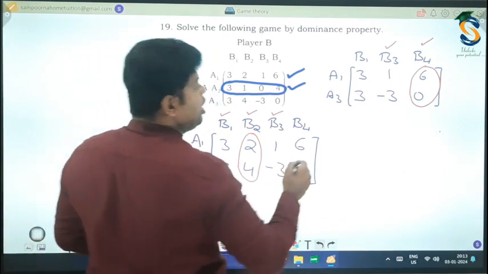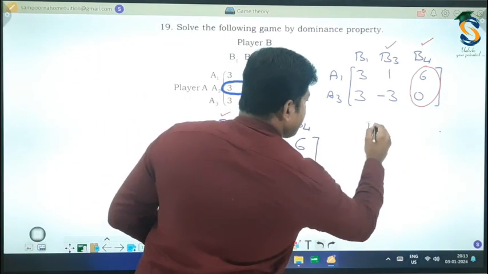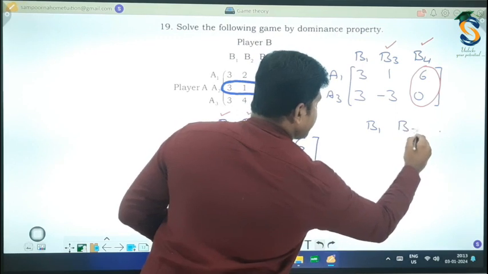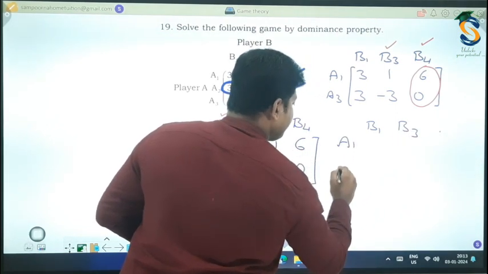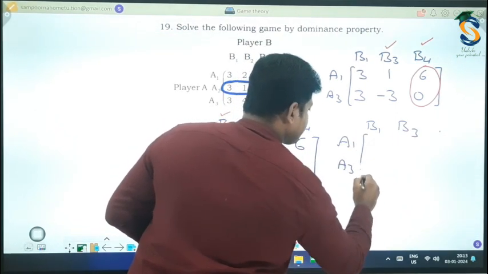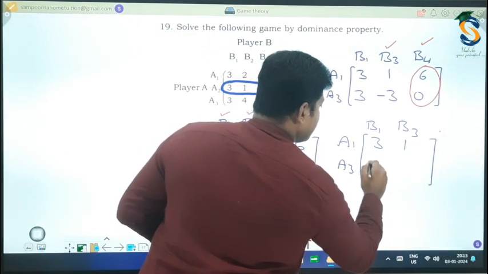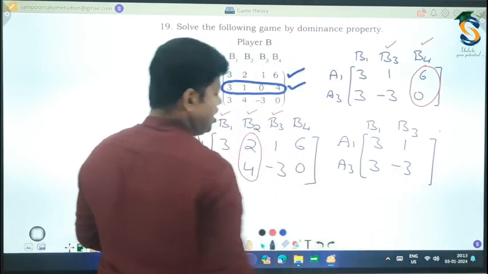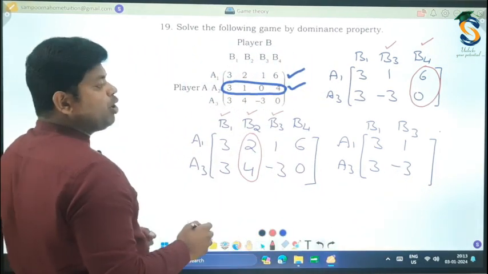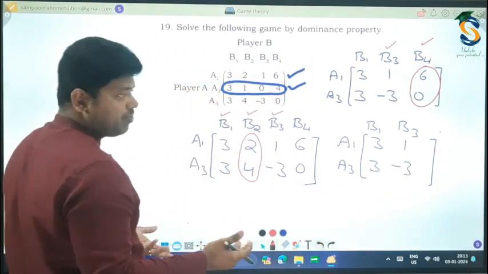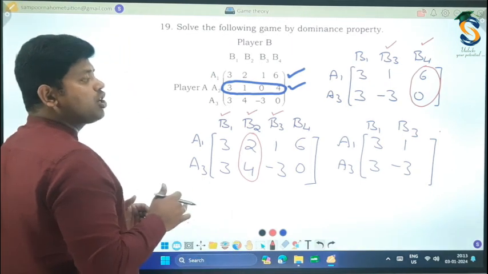Now, the reduced matrix will be B1, B3, A1, A3: 3, 1, 3, minus 3. So now let me go with row wise, or even I can go with column wise.